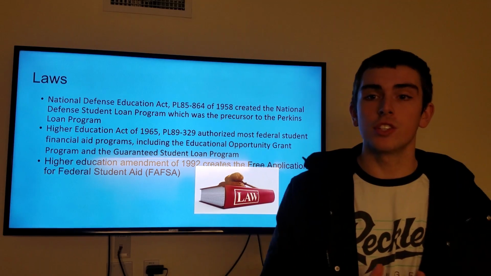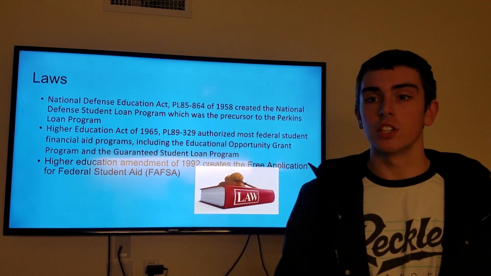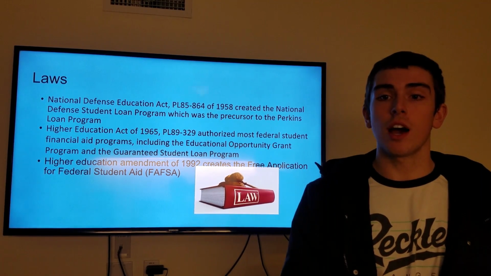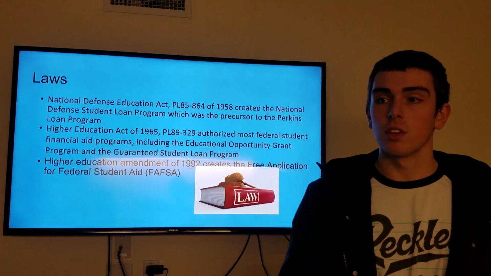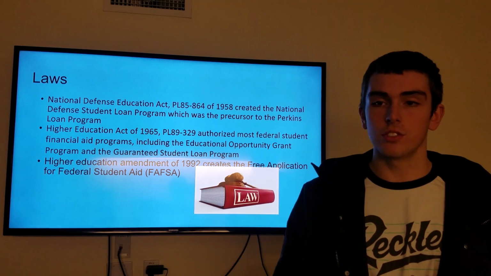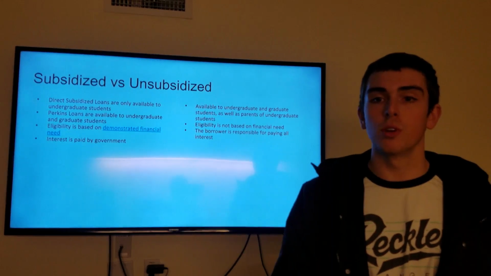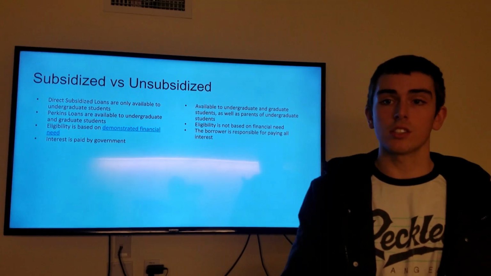This Higher Education Act basically created more funding and available funds to go into those things. In 1992, the Higher Education Amendment created FAFSA, which is what most students use to manage and delegate their student aid and their loans.